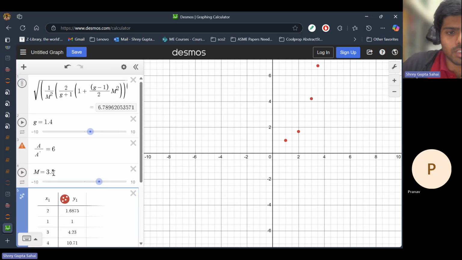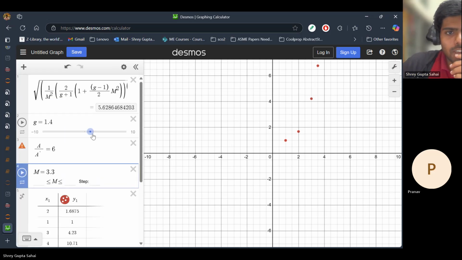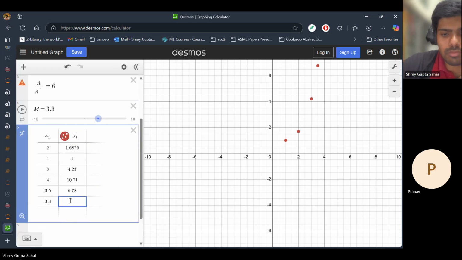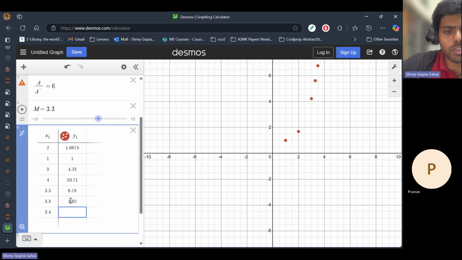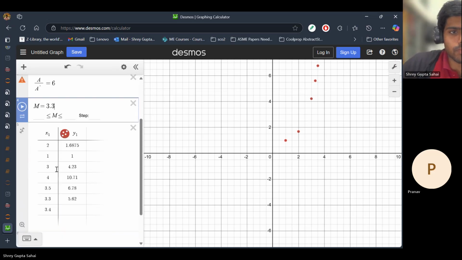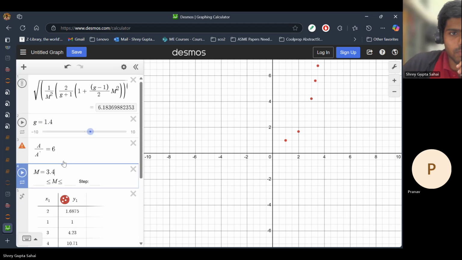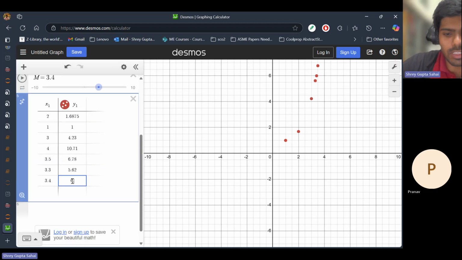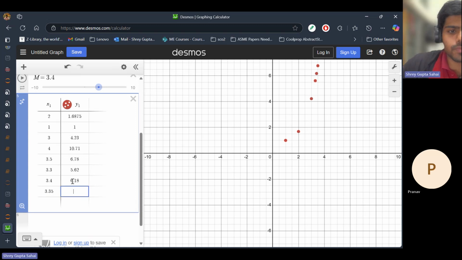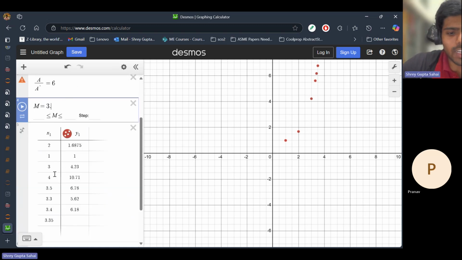Let's try with 3.3, 5.62. 3.4, 6.1, 6.2, 6.18. 3.35, and so on. You get the idea now, right?